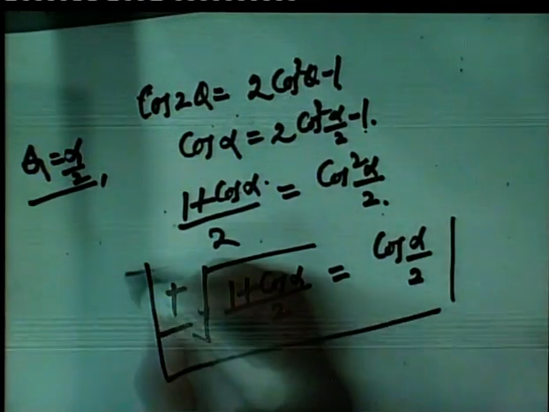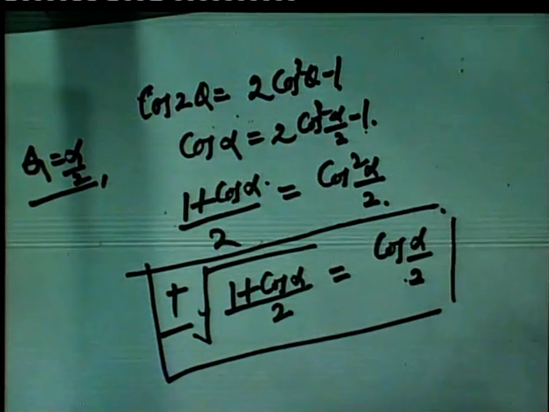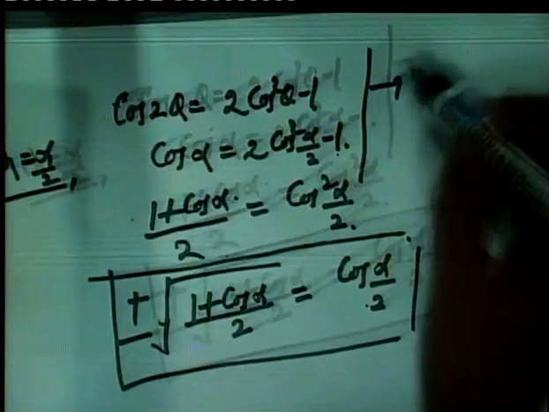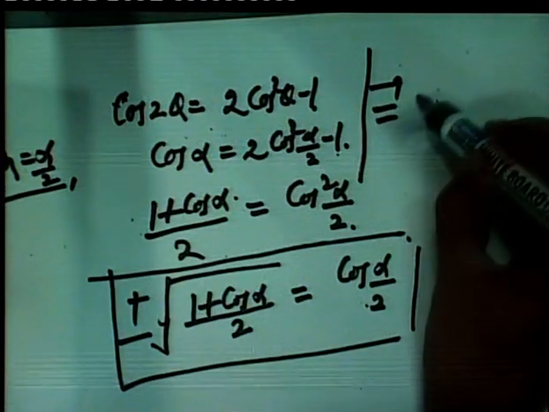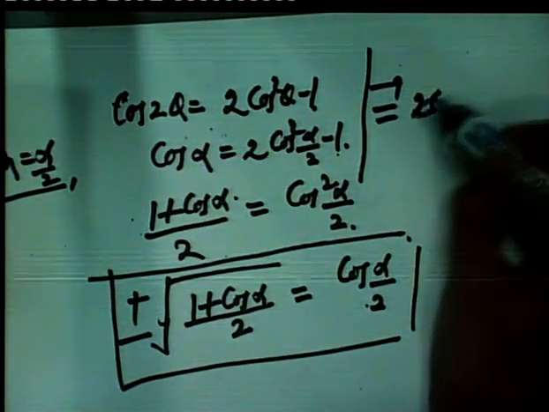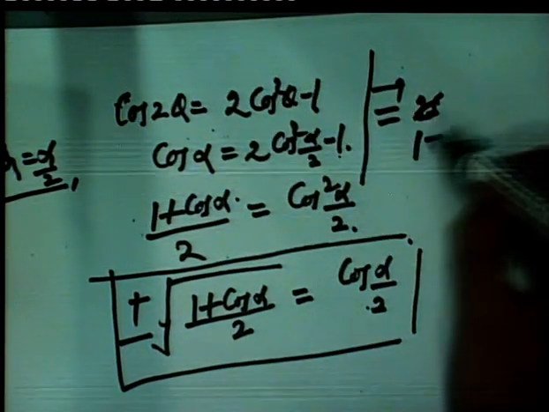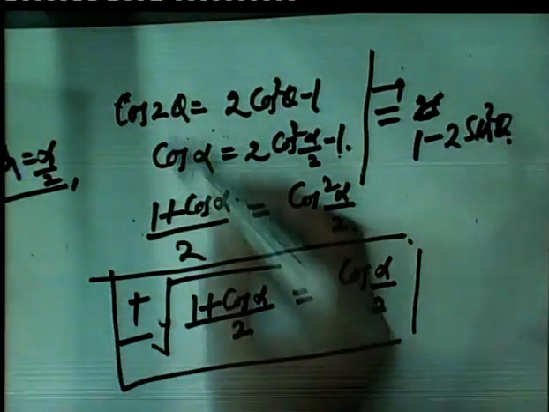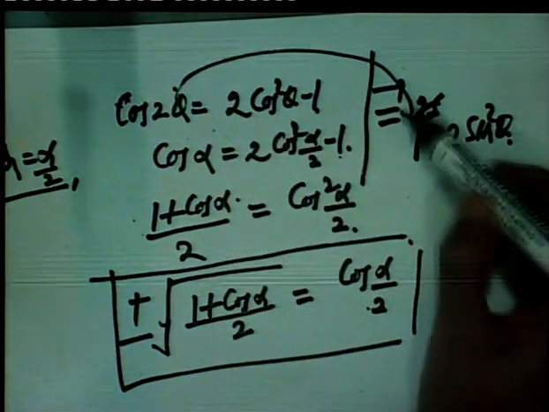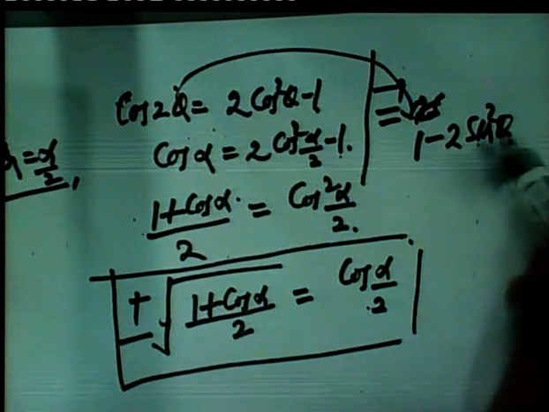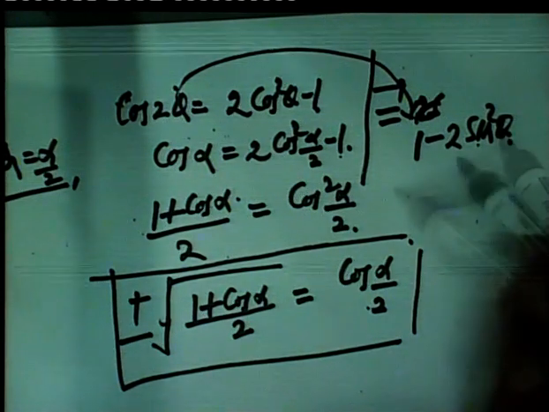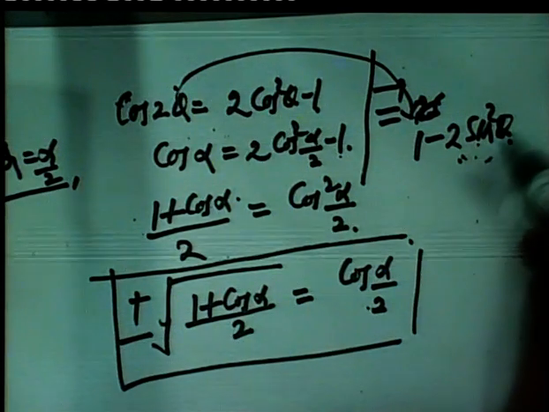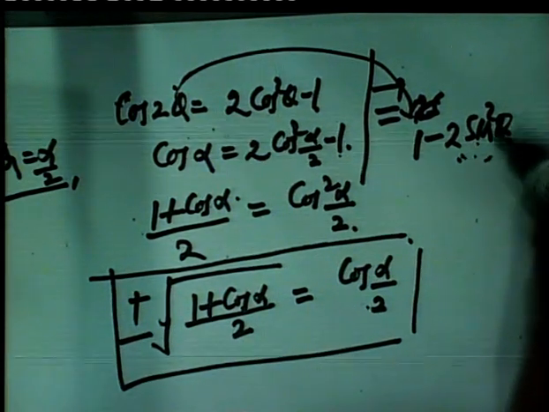So this expression you get for cos of alpha by 2, and similarly, cos 2 theta is also equal to 1 minus 2 sin square theta. So this will give you the expression for sin theta by 2.